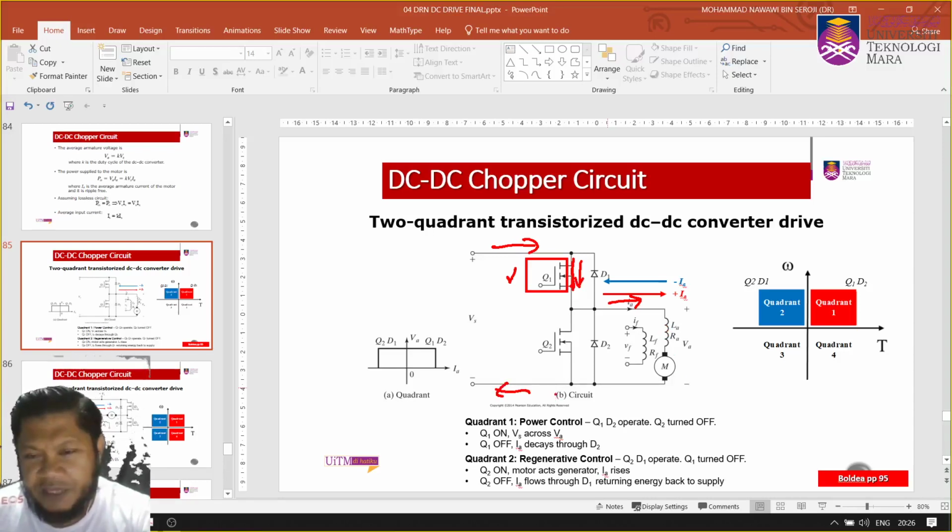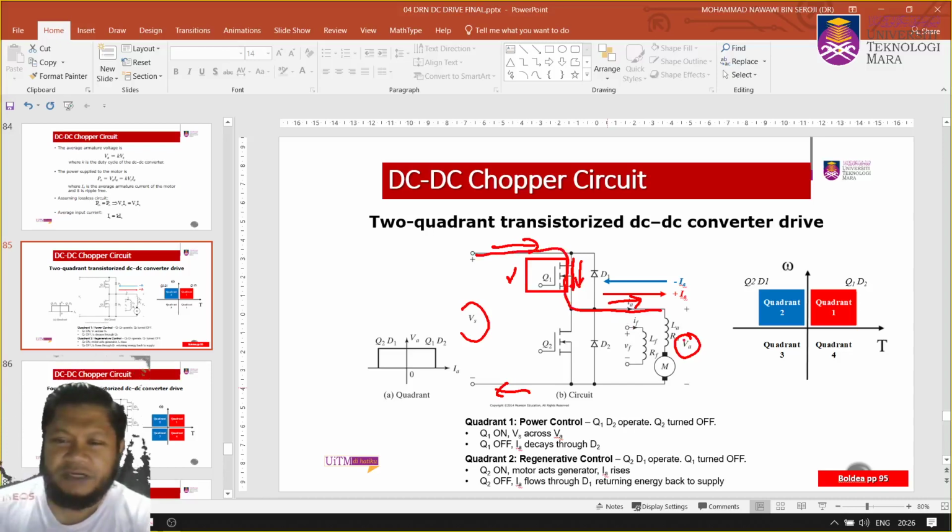And in this case, current starts to develop, isn't it? So current starts to rise, IA starts to rise. And if you look further, VA equals VS, isn't it? Because this is short circuit connected all the way to the positive terminal. So VA equals VS.